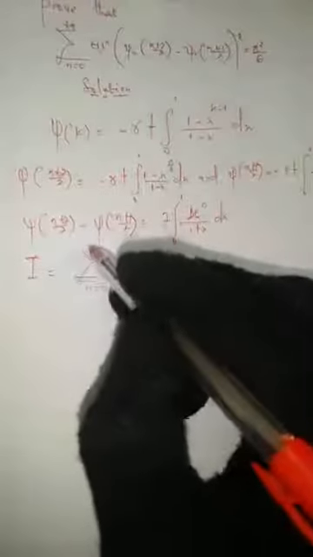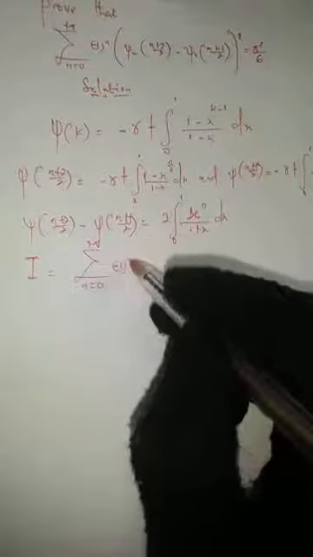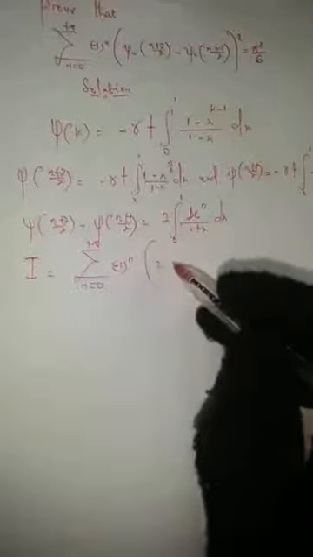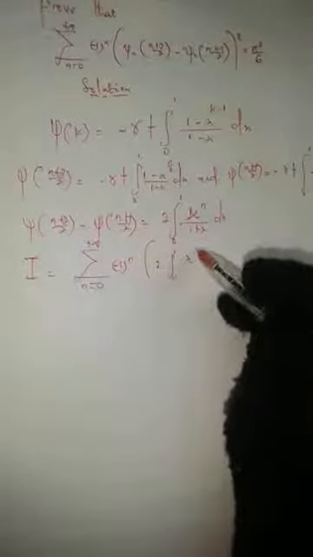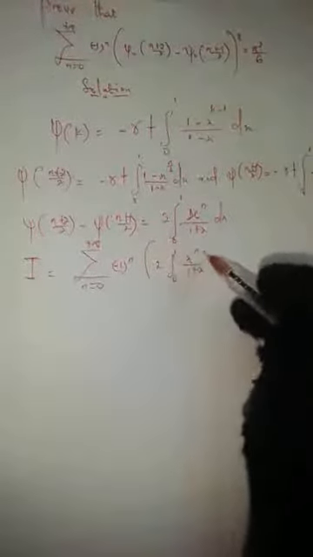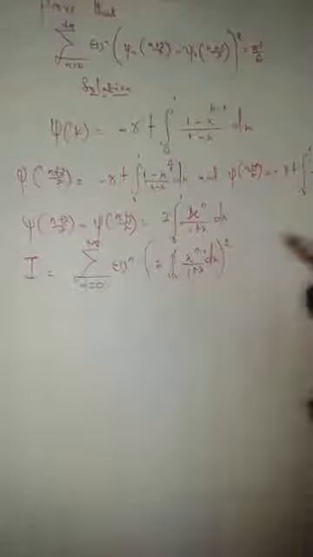So denoting this sum problem using I, we have I is equal to the sum as n goes from 0 to positive infinity of minus 1 raised to n, open bracket, 2 times the integral from 0 to 1 of x raised to n over (1 plus x) dx, squared.